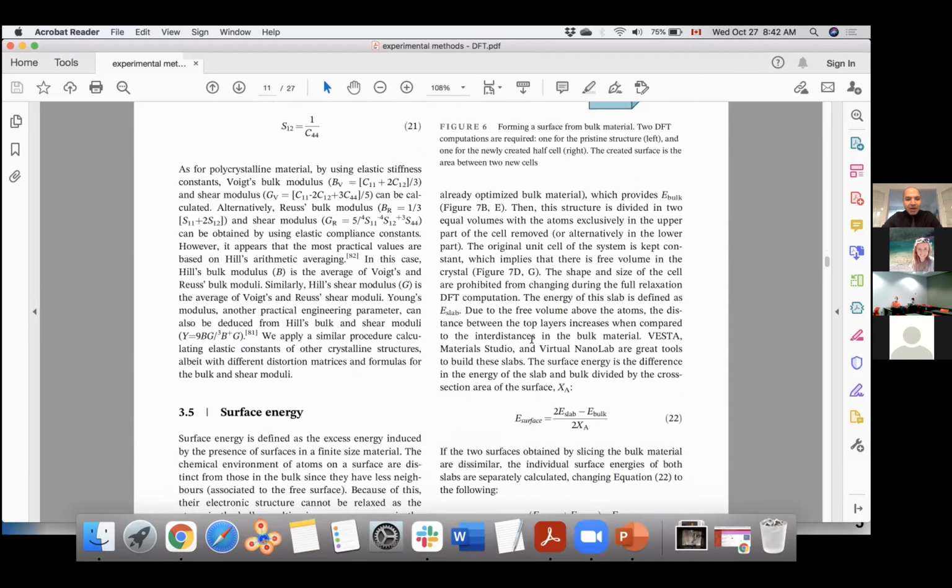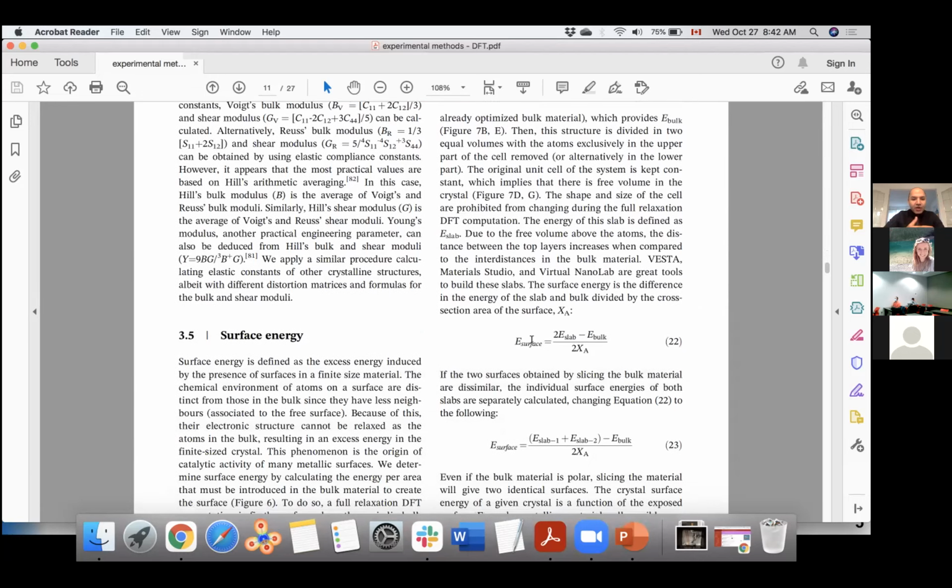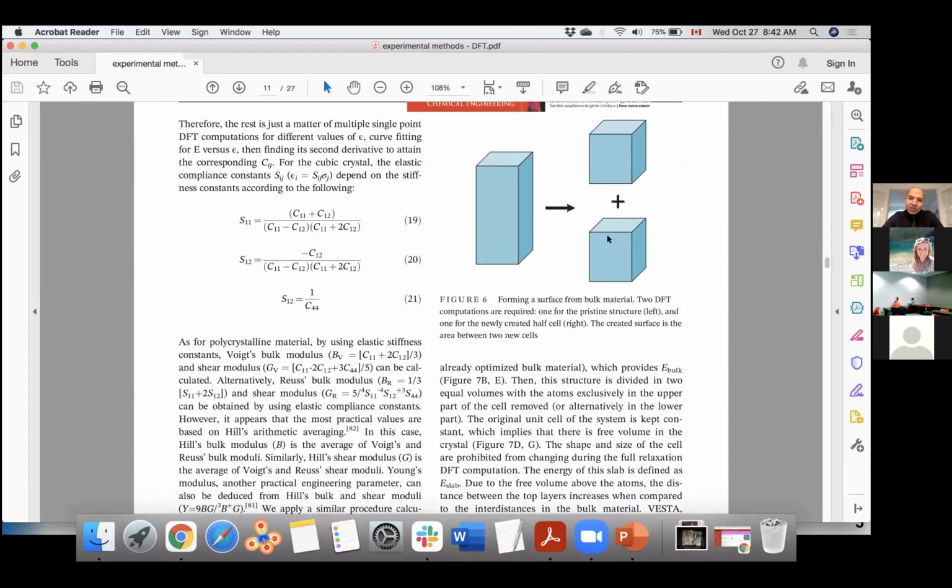So this is about the bulk properties, and after that we move on to the surface energy calculation. For the surface energy calculation, again, we describe it as simply as breaking down a unit into two parts, and then the energy in the surface can be calculated simply by the difference between these two sides of the arrow. So here you have some energy, here you have another energy. The difference will give us the surface energy of the system.